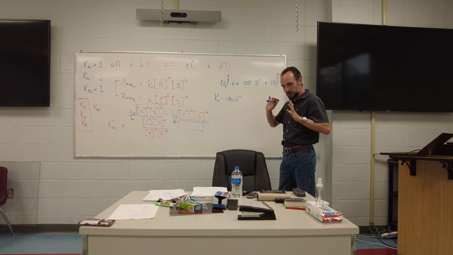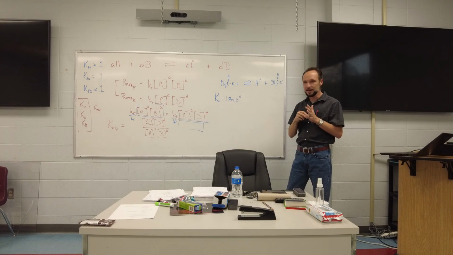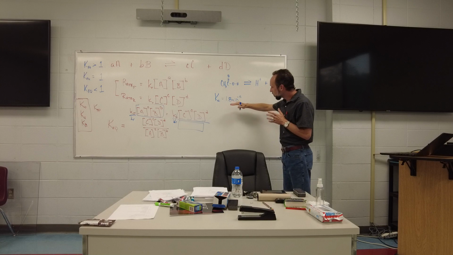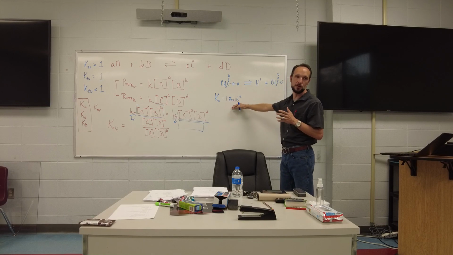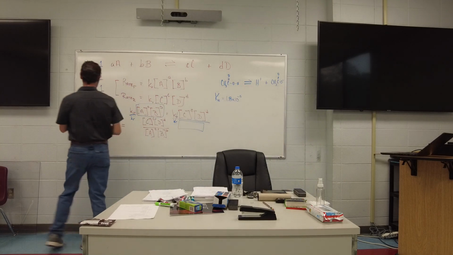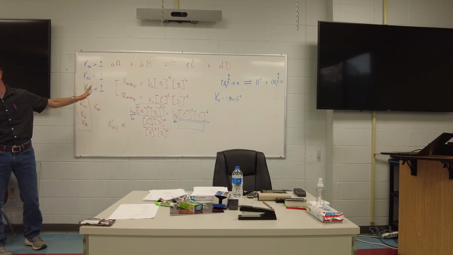And let's just say the technology existed for me to go in and individually count these things. What is this telling me? What am I going to find the majority of? Look at your equilibrium constants. We've already established that it's way less than 1, meaning that at equilibrium, the reactants are favored.